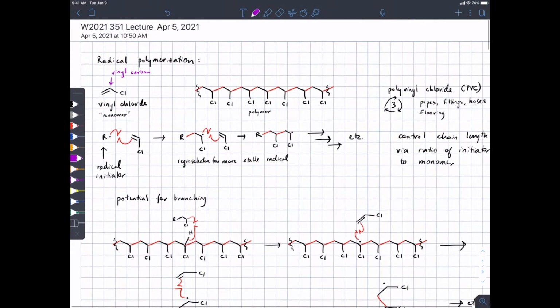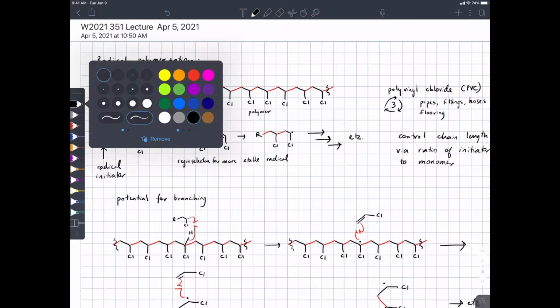And the polymer is formed starting with a radical initiator, where the single electron attacks the pi bond to create a new sigma bond, with the other electron from the pi bond left behind on the carbon that's more substituted, because the radical will be more stable there.